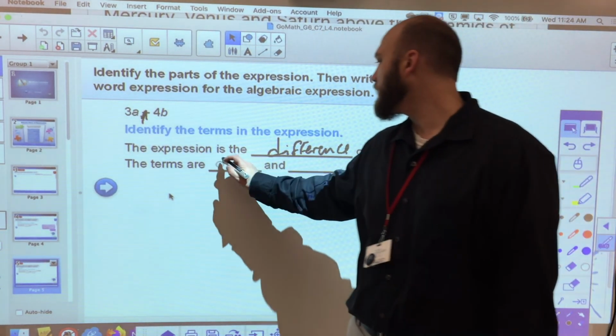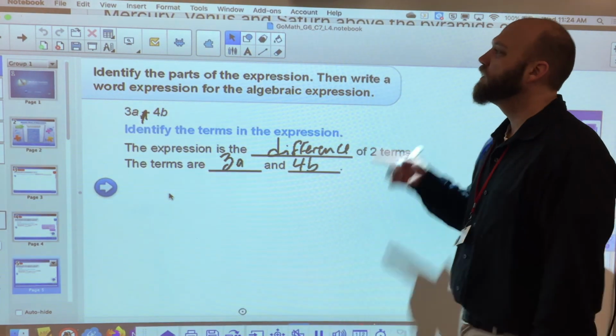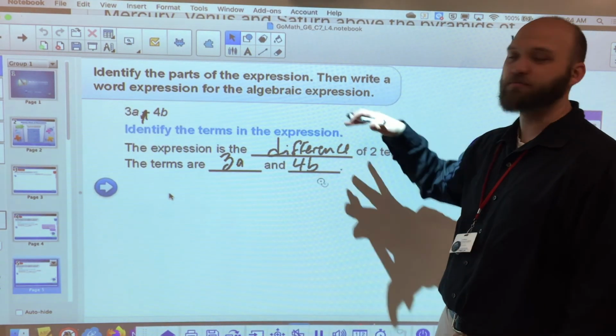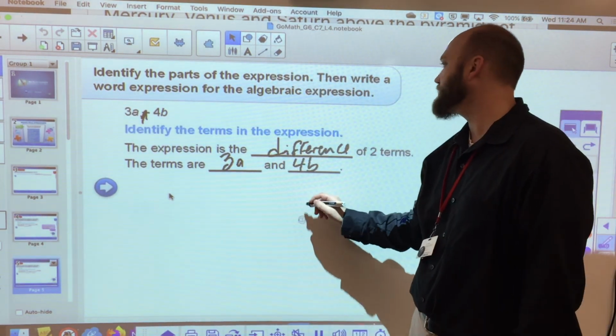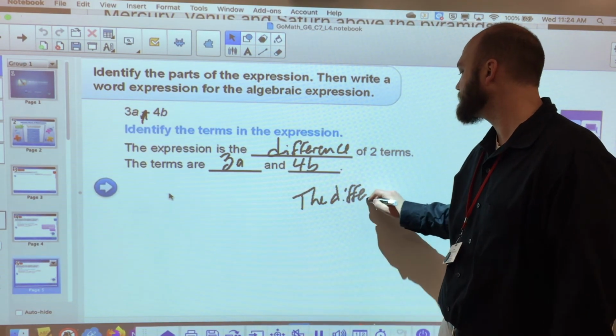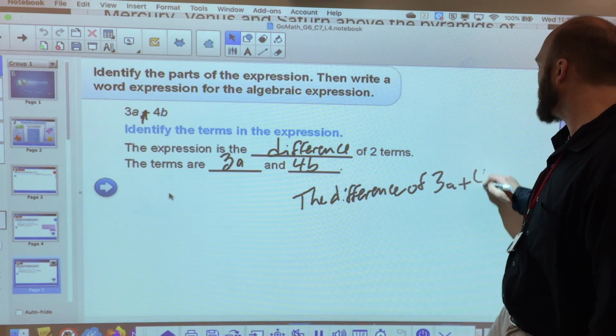The terms are 3a and 4b. So the parts of the expression turned into a word expression for my algebraic expression would be the difference of 3a and 4b.